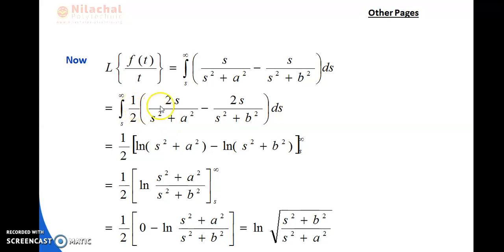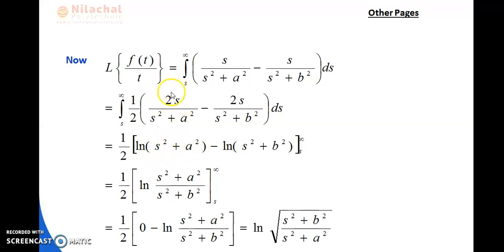So here we are adjusting: 1 by 2 and 2 we are multiplying. Then 1 by 2 is a constant, keeping outside. Then integration of 2s by s square plus a square is ln (s square plus a square), because the derivative of log (s square plus a square) according to chain rule is 1 by (s square plus a square) into the derivative of this one, which is 2s.